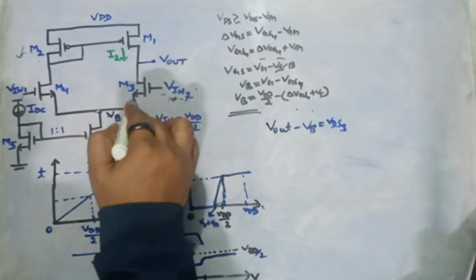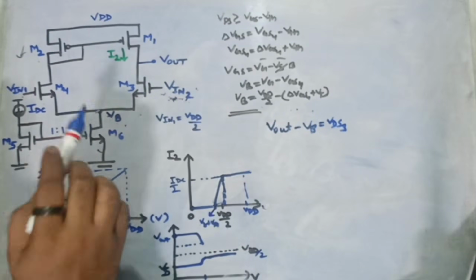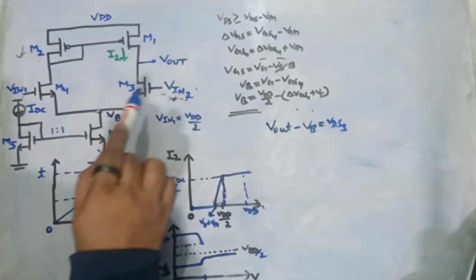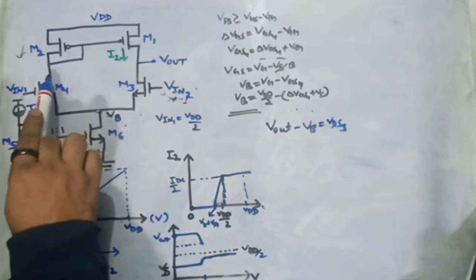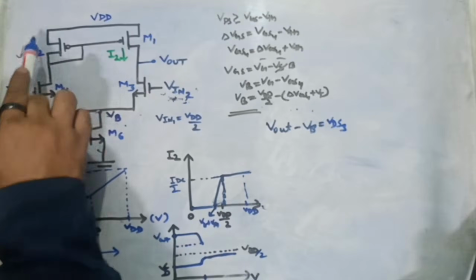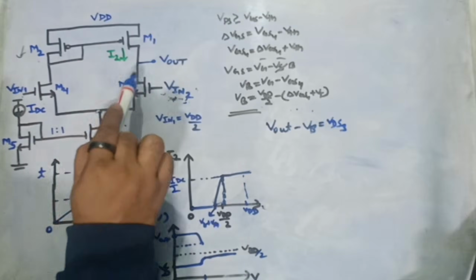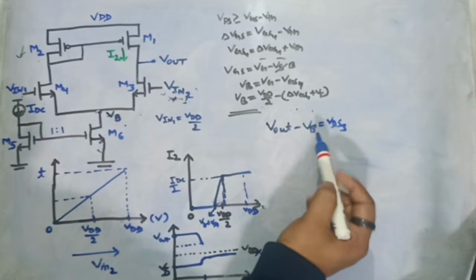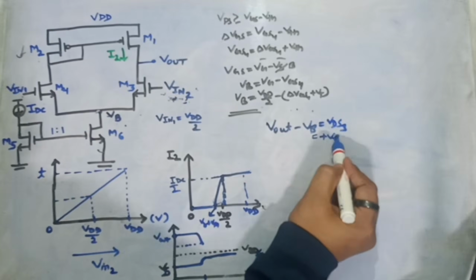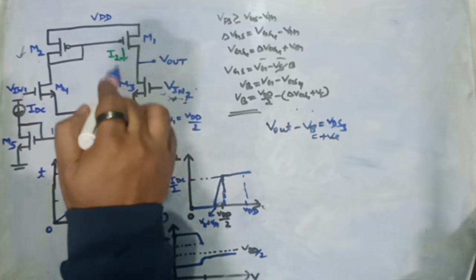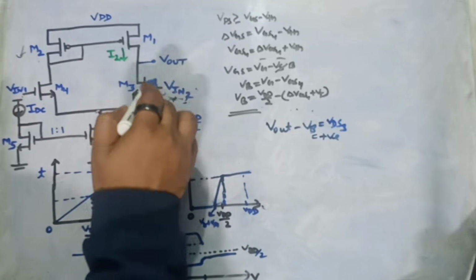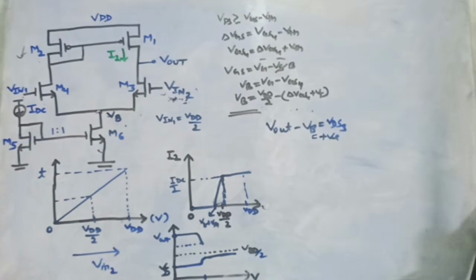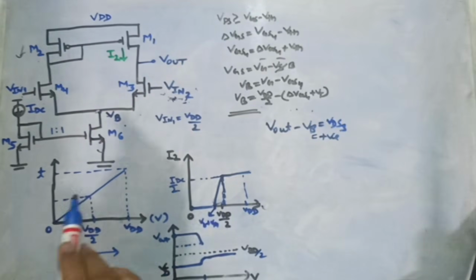Vout minus VB is VDS for MOS M3, and it has to be a positive value. If this becomes 0 or negative, that means there won't be any current. And as we have understood, even though Vin2 is sitting at VDD, current has to be equal. Whatever current is flowing from the left branch, the similar amount of current should flow from the right branch. That means this delta will be positive, right? So although Vout will be quite less because the Vin2 is sitting at VDD value, it will still be higher than VB potential.